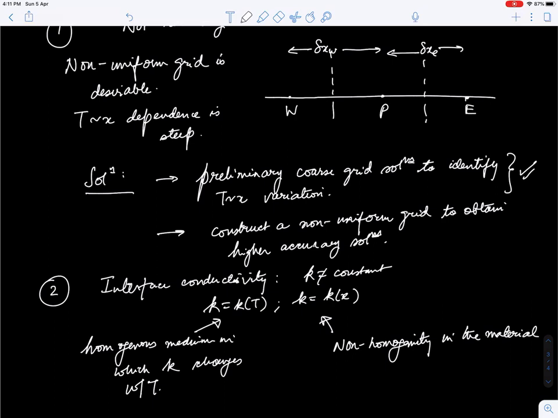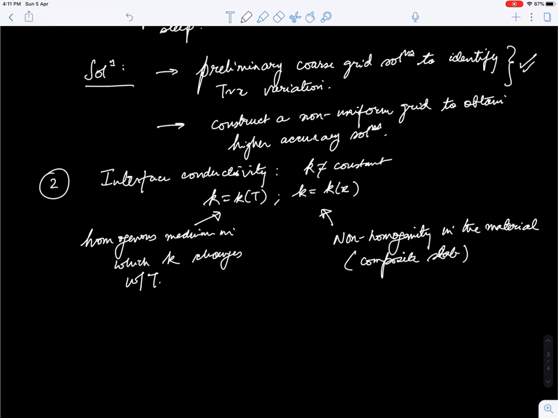This is typically true when we have a composite slab. By a composite slab, I essentially mean that we can have two materials in contact with each other, right?